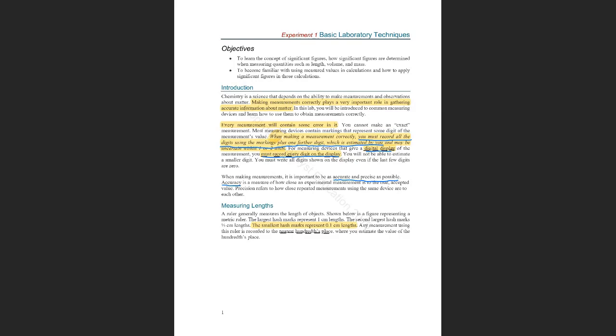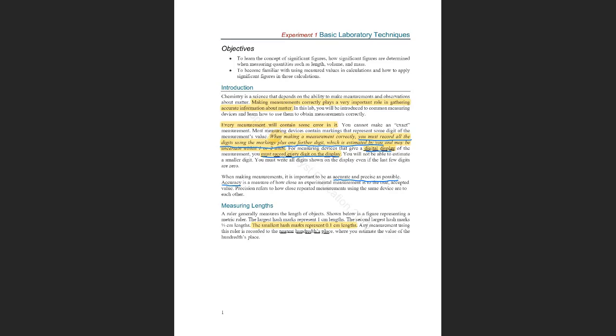If you know the density of water is 1 and you calculated the density of the water in the laboratory and you obtain a value that is 0.8 and another person obtained another value that is 0.9, 0.9 is closer to the accepted value, so it will be more accurate.